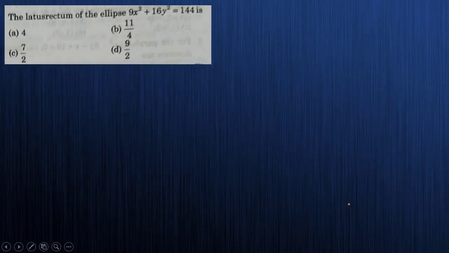Next is the latus rectum of the ellipse 9x square plus 16y square equals to 144 is. So first convert this equation into standard form. So x square by 144 by 9, ये गया मेरा 16, plus y square divided by 9 is equals to 1. Okay, so ये हो गया मेरा a square, ये हो गया मेरा b square.